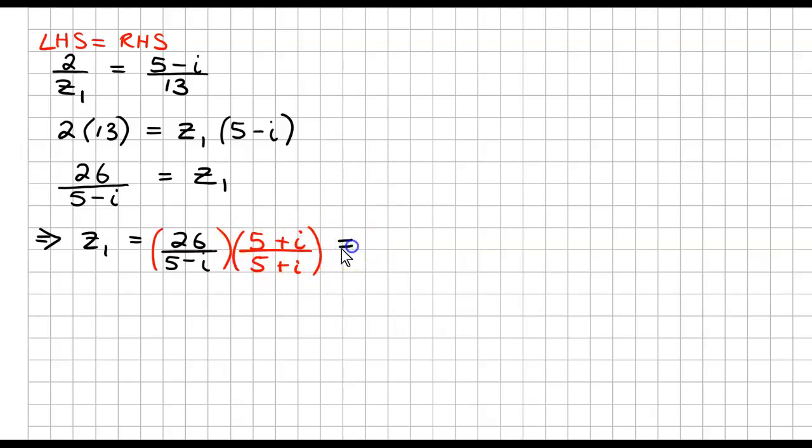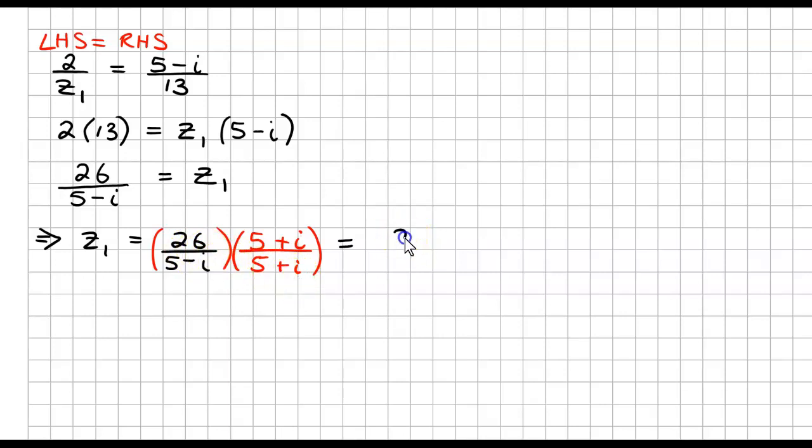Now if you can see this, the bottom is going to be 26, so that will divide very well into the top straight away. That may not be something that you would spot, so I'm going to show you.